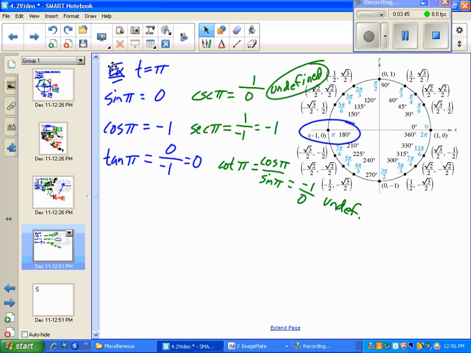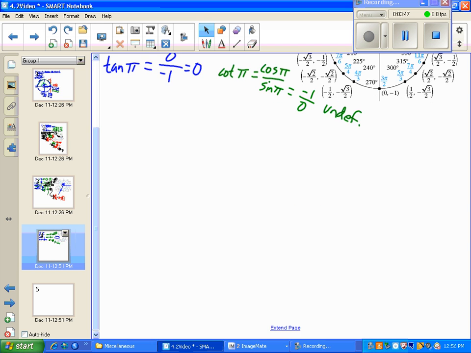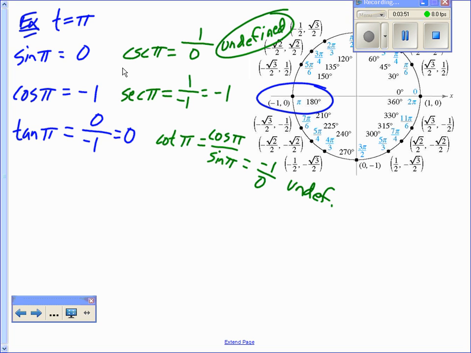What about if t is negative pi thirds, let's say?